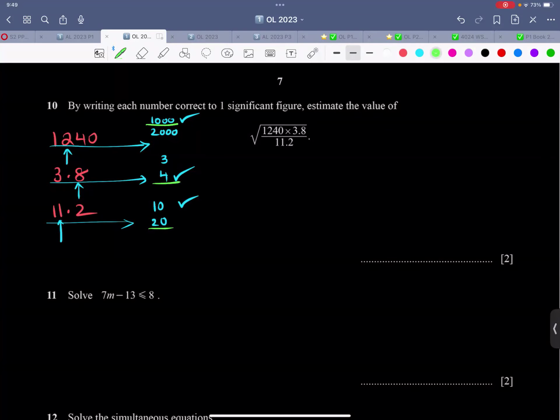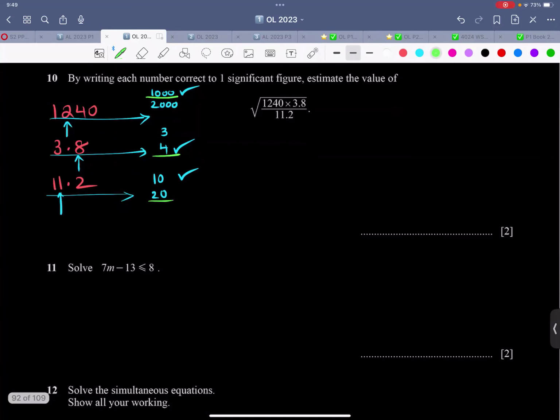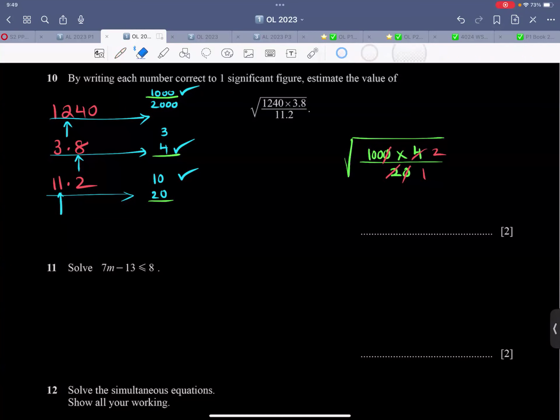Show these steps. And then multiply and divide and square root. So square root of 1000 into 4 divided by 20. So first cancel off the zeros. So this 0 and this 0 cancel out. And 2 1s and 2 2s cancel out. If I'm not mistaken, that is 1000. And 3.8 is 4, and 11.2 is 10. That's not 20, that's 10.